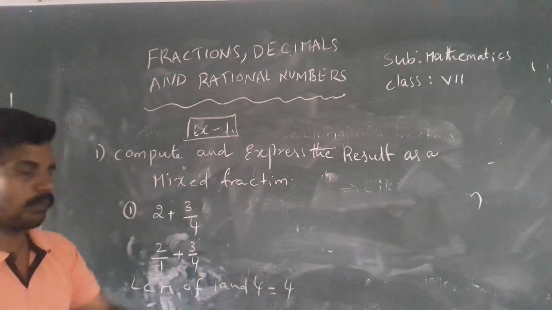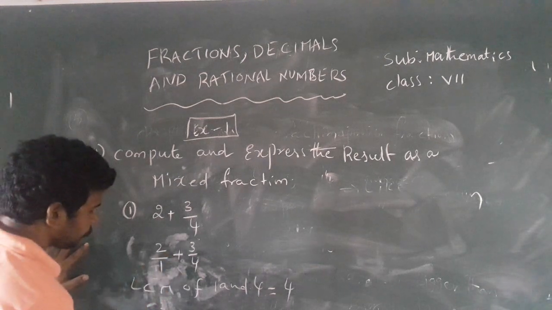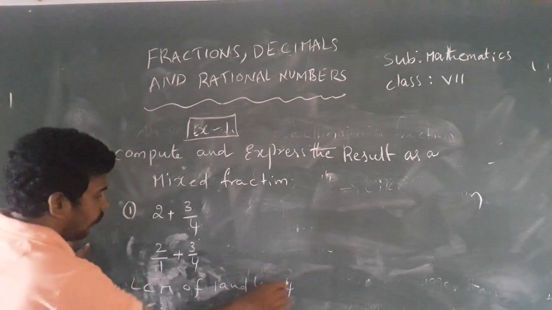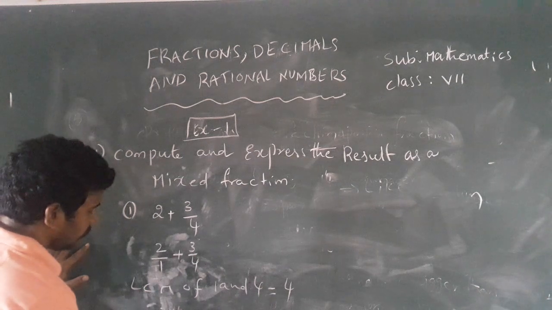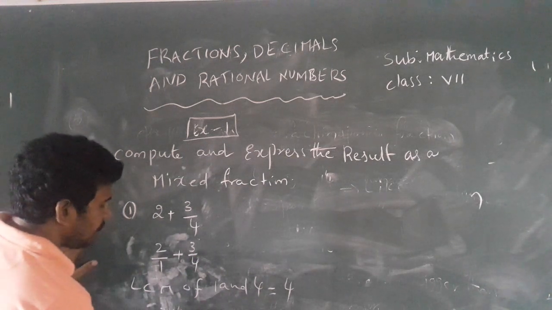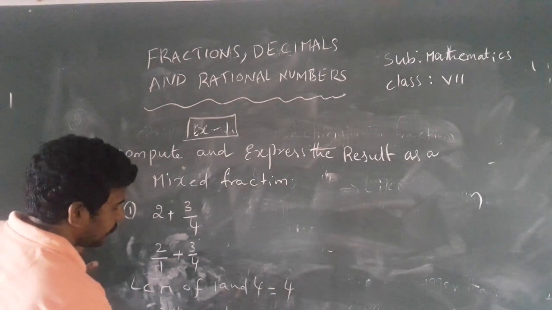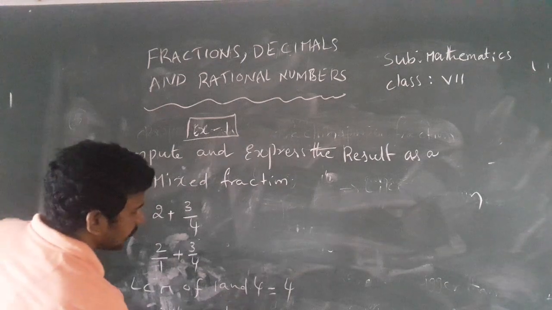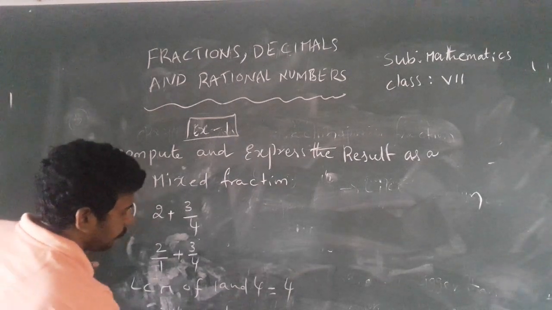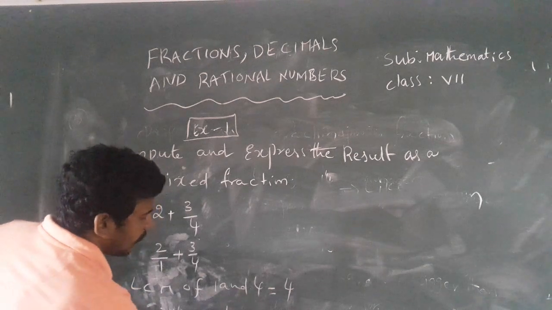So 1 times 4 equals 4. Now take 2/1: 1 goes into 4 four times, so multiply numerator and denominator, 2 times 4 is 8 over 1 times 4 is 4, plus 3 times 1 is 3 over 4 times 1 is 4.